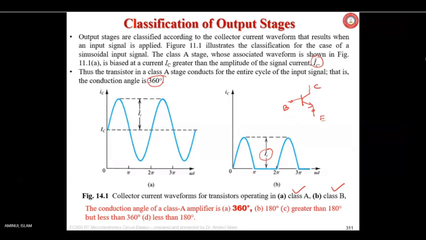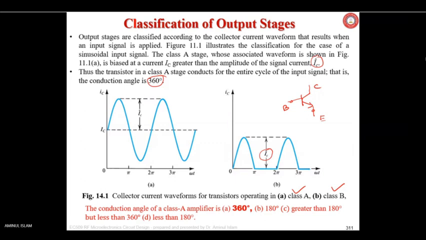Yes, 0.7, beyond 0.7, 0.5 to 0.7. Sometimes, if you read Millman Halkias, 0.5 is the cut-in voltage. Anyway, you said more or less correctly. That depends on the region of operation, saturation or linear active.